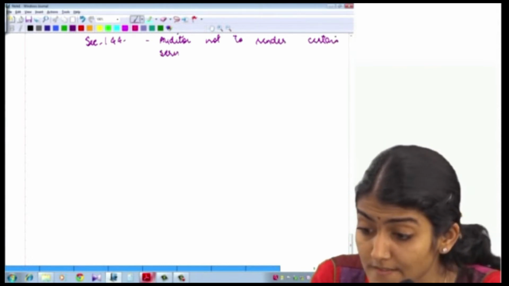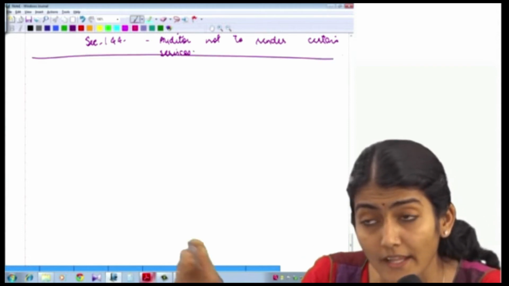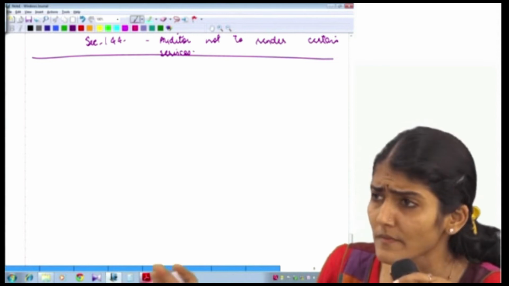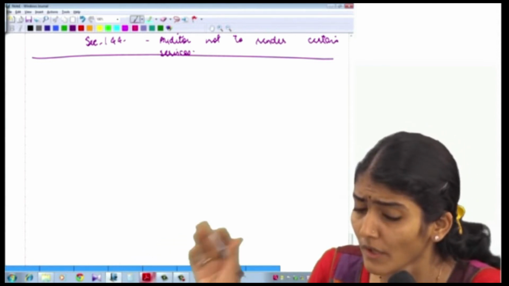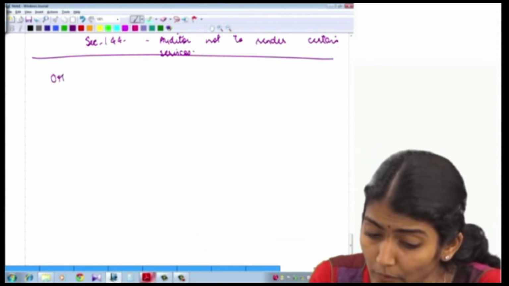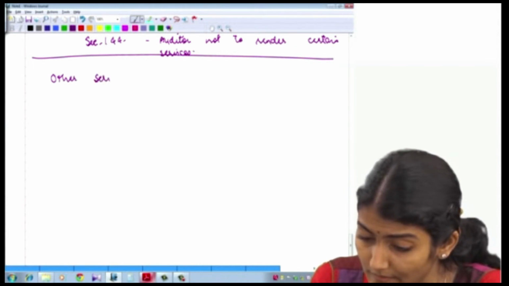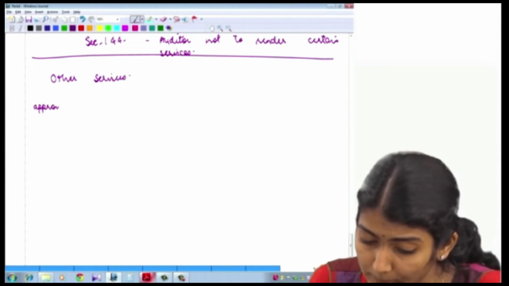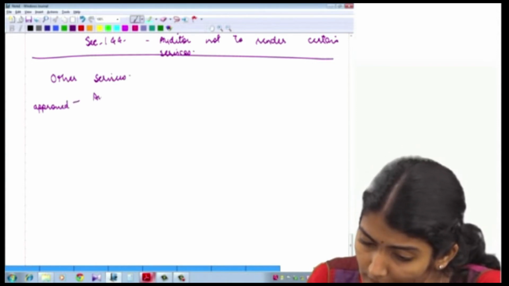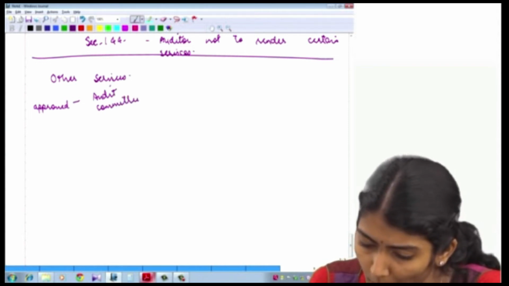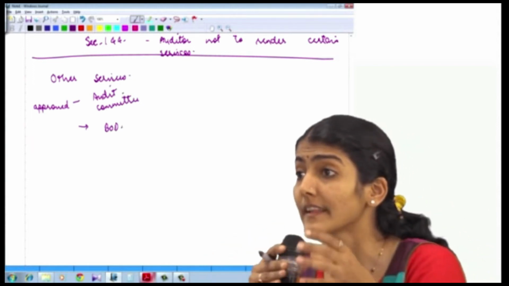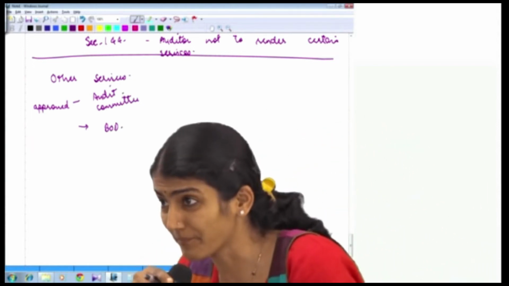So that means a statutory auditor cannot provide any other services. You can't do tax audit, you can't do certification, no work you can do. No, he can provide other services which are approved by the audit committee or the board of directors, as the case may be, because not every company will have an audit committee.